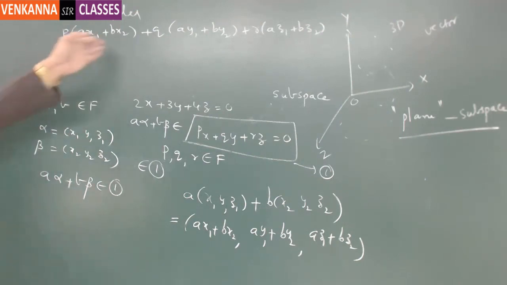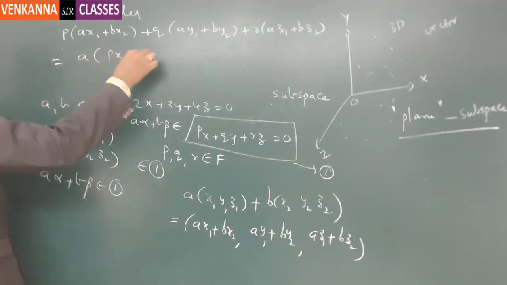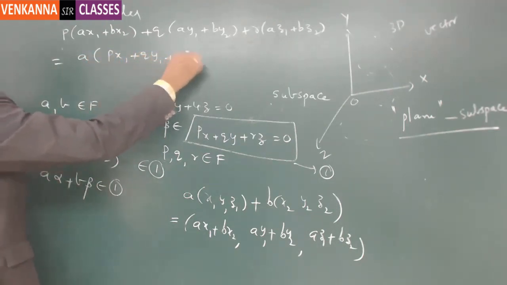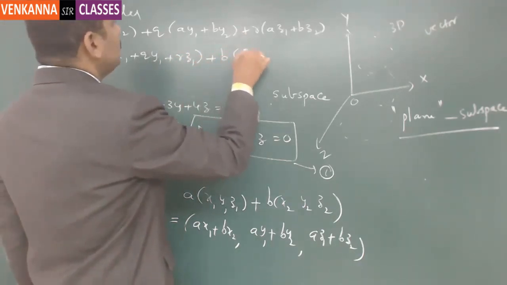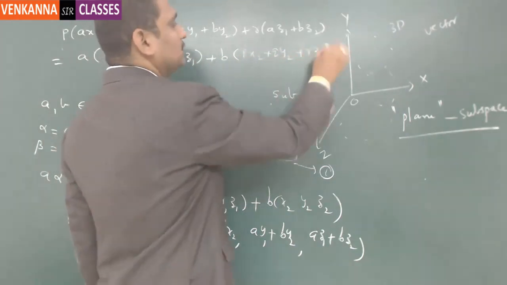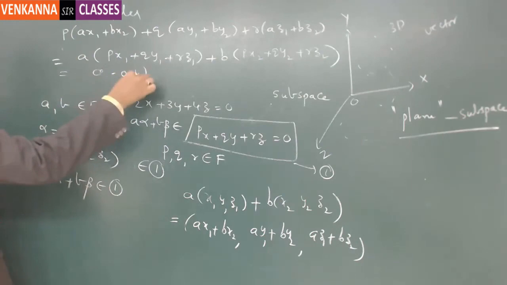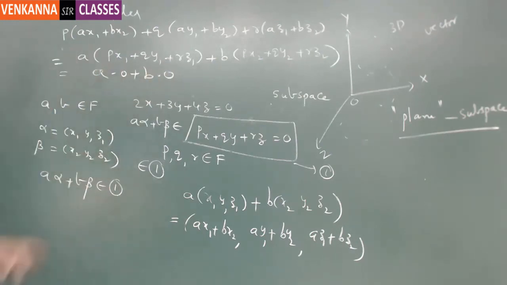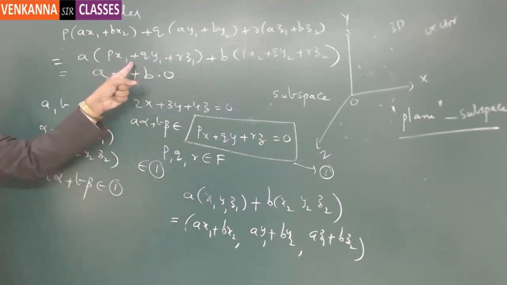So you can multiply all the values and take common. If you take a as common, it is nothing but a into (px1 plus qy1 plus rz1) plus b into (px2 plus qy2 plus rz2). So this is nothing but a into 0 plus b into 0. Because x1, y1, z1 is a point on this plane, it satisfies the plane equation, hence it is 0.